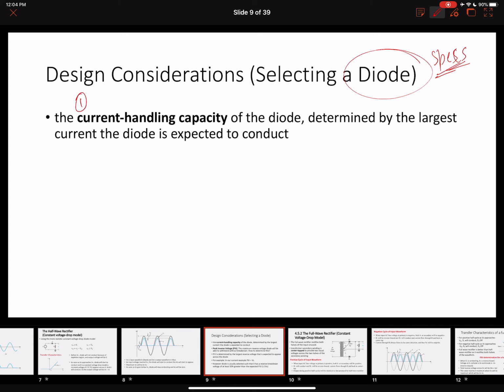We can determine this by finding out the maximum expected current the diode or the circuit is supposed to handle, right? So we are going to analyze our circuit and come up with some expectation of the amount of current that we expect to flow through the diode, and the diode should be able to handle that current. So its current handling capacity is important.